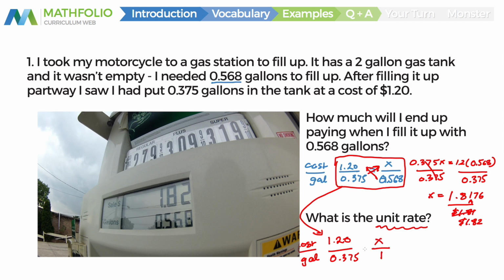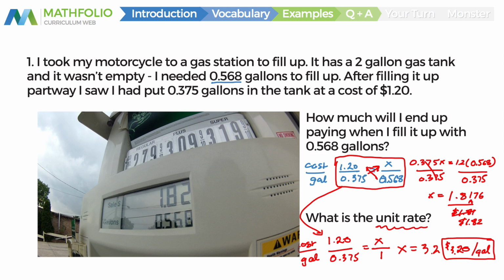So we're looking at the cost per 1 gallon, which is this. And again, we could cross multiply here, but really just to get the x on its own, x over 1 is x. So therefore, x is just going to be 1.2 divided by 0.375. That gives us a price of $3.20. So the unit rate is $3.20 per gallon.